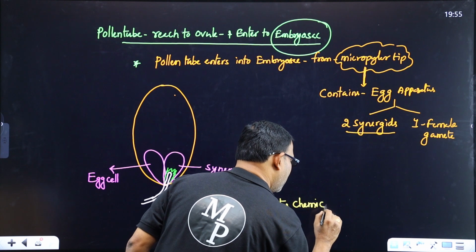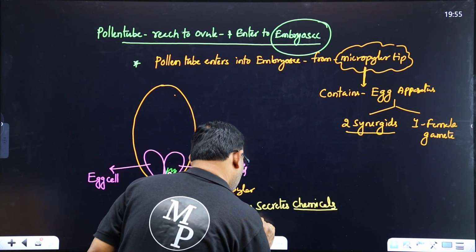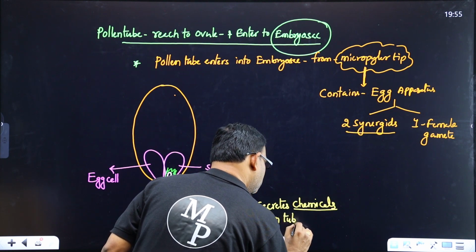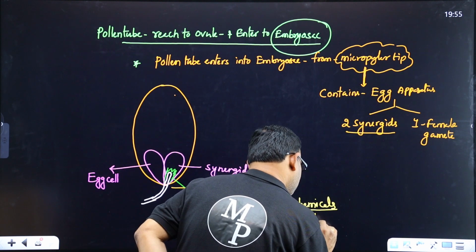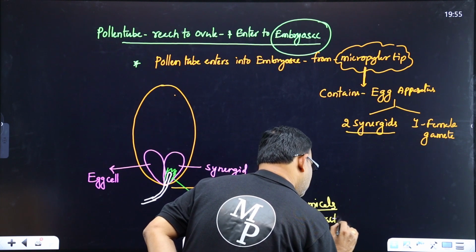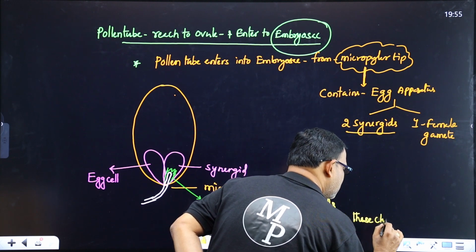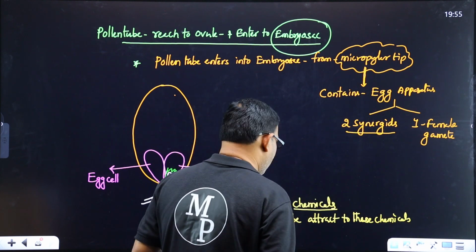Very, very important. That's why the pollen tube is attracted to these chemicals, which are secreted by the filiform apparatus.